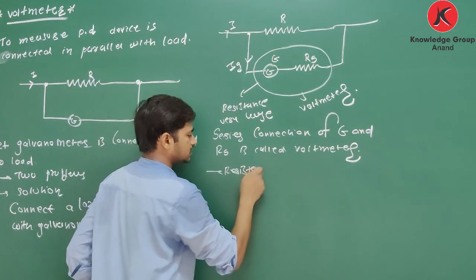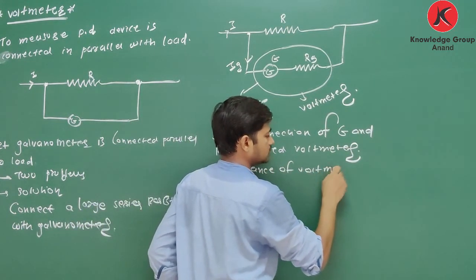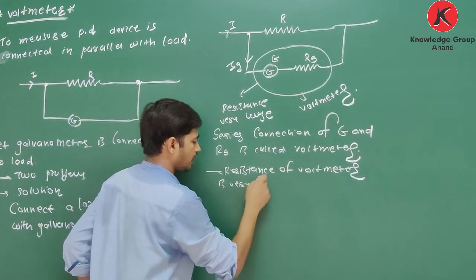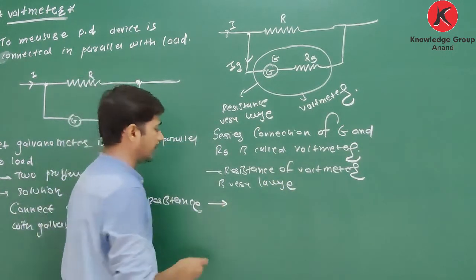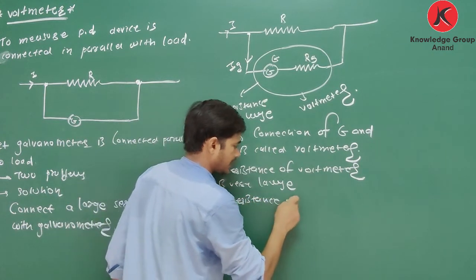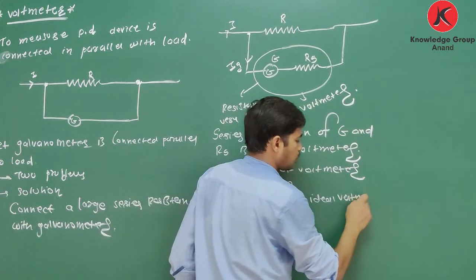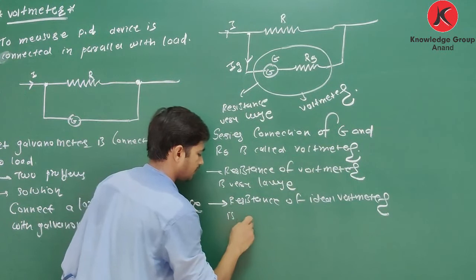What is the resistance of a voltmeter? The resistance of a voltmeter is very large. What is the resistance of an ideal voltmeter? The resistance of an ideal voltmeter is infinite.